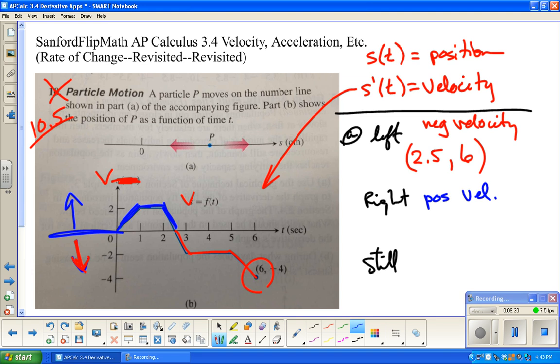Okay, so if this is a graph of velocity, then from 1 second to 2 seconds, it's moving at 2 centimeters per second to the right. The speed was increasing. Then the speed was decreasing. So like my speedometer, I have my little speedometer for my little particle, and here's 0.